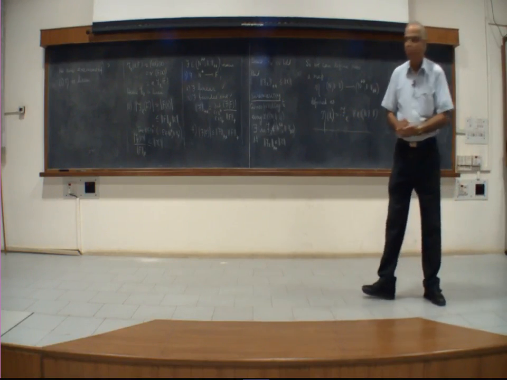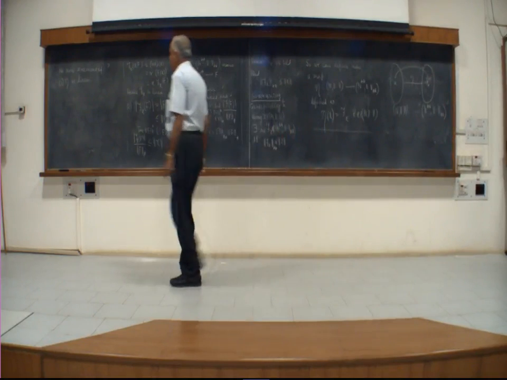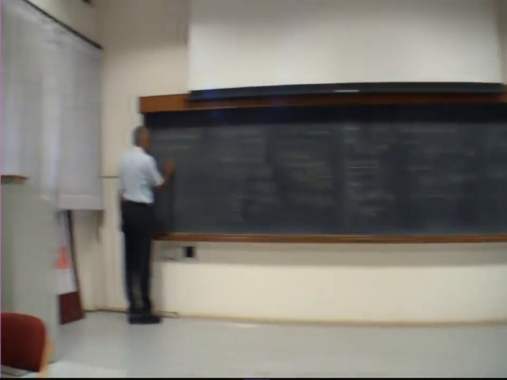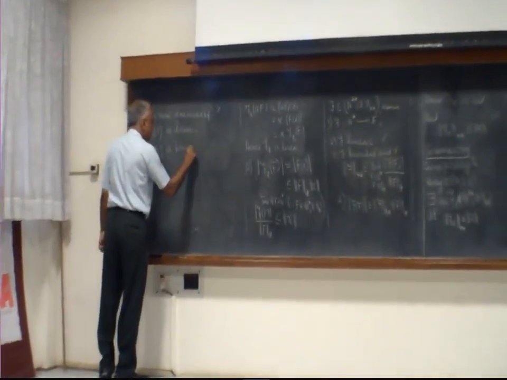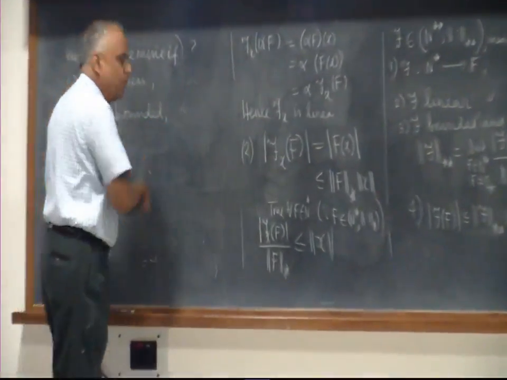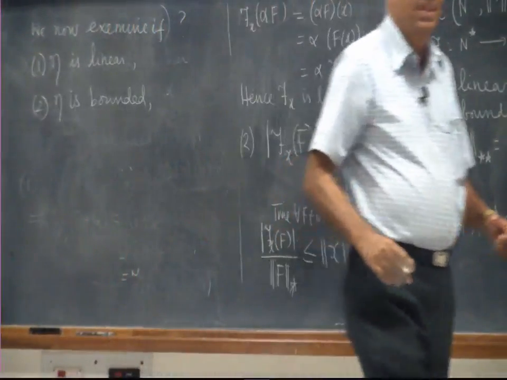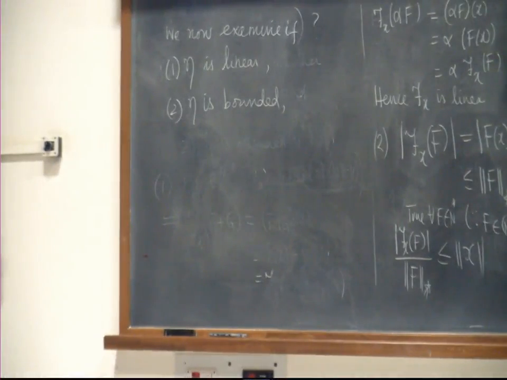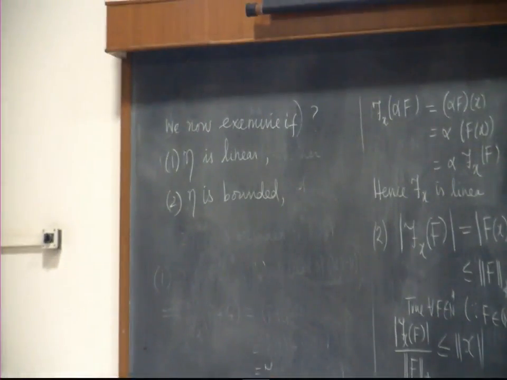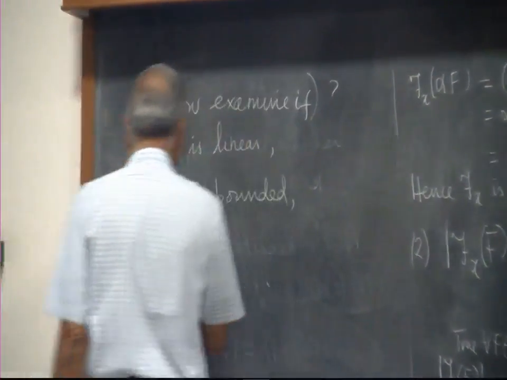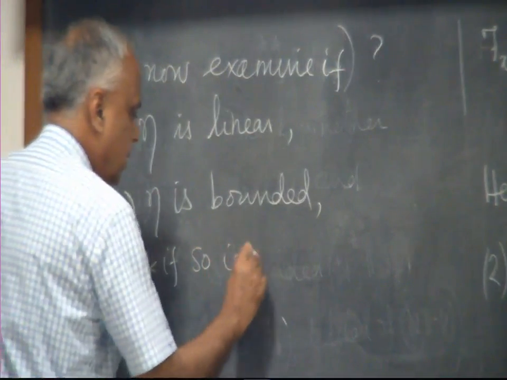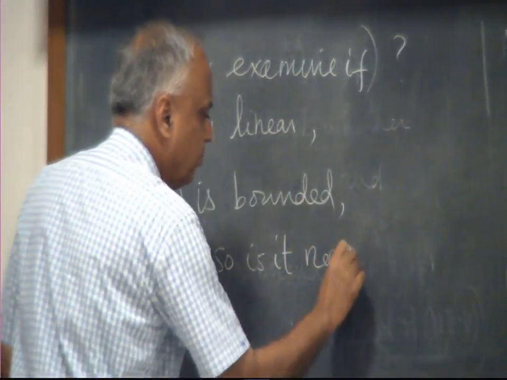So no problem. Two, whether eta is bounded, in which case, see, this doesn't do too much damage. It works within certain elastic limit, and more importantly, whether it is norm preserving.